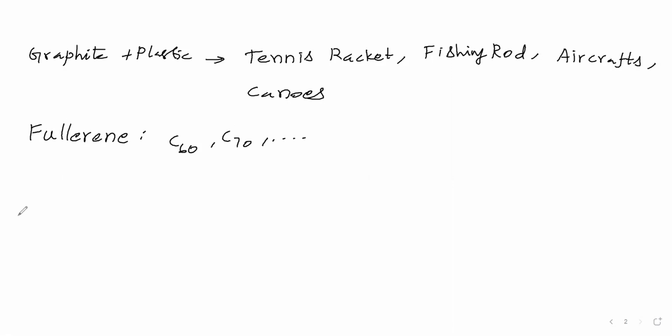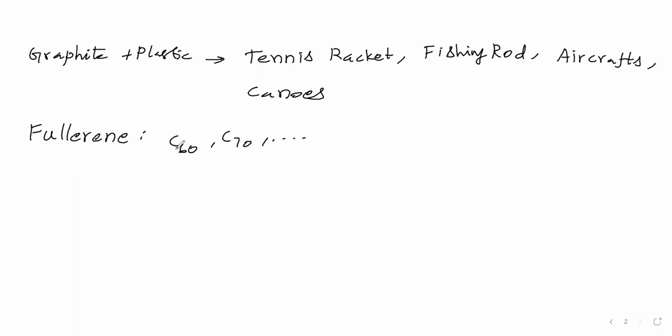Before that, what are fullerenes? Fullerene is an element. This element consists of only carbon atoms. A molecular formula example is C60.